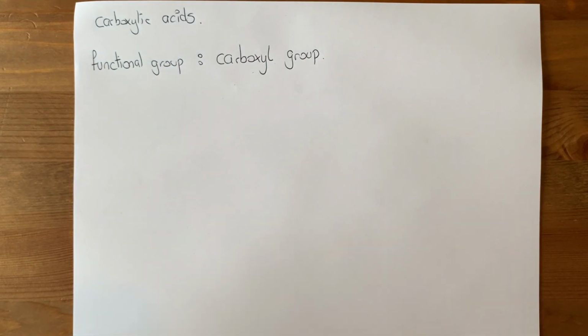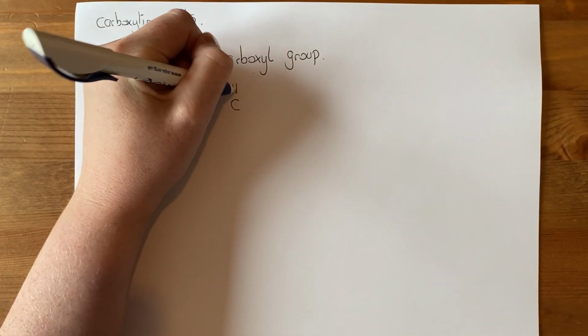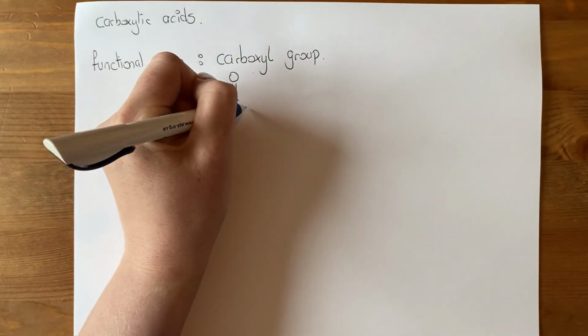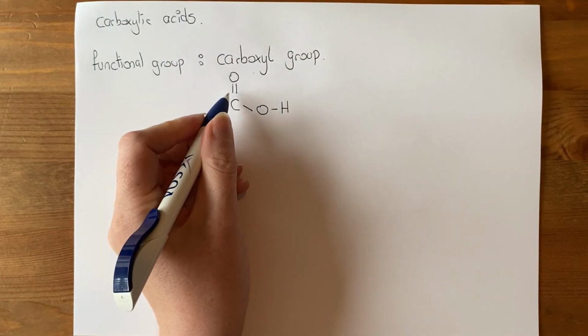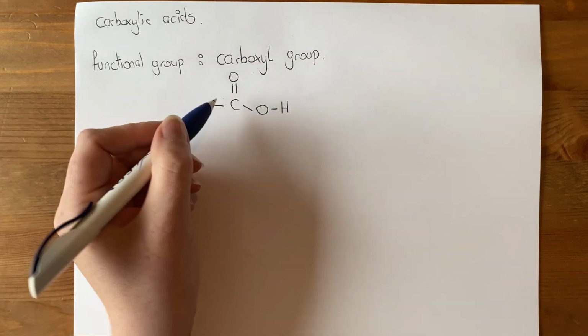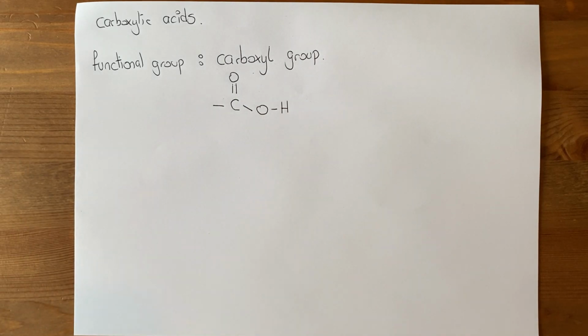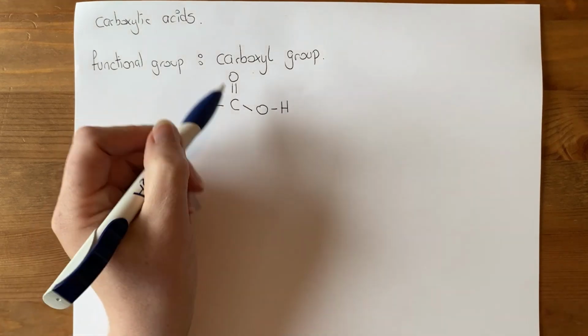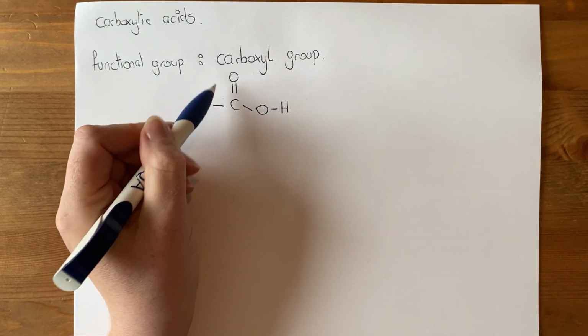So the carboxyl functional group looks like a carbon with a double bond to an oxygen, a single bond to another oxygen, and it's like our hydroxyl, but it's got this double bond there, and then a bond to the rest of my molecule. So this is my carboxyl group. Sometimes you might be shown a structure and it might ask you to circle the carboxyl group, and this, including this carbon, is what I would like you to identify.